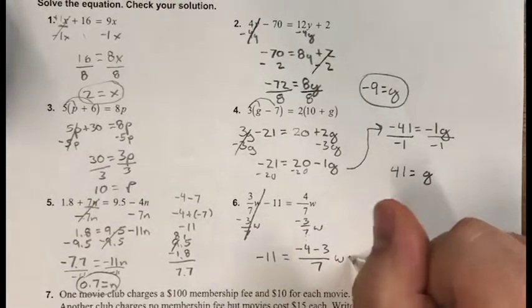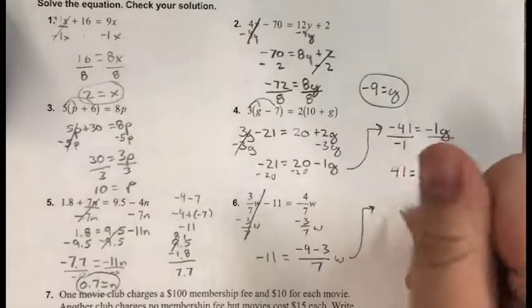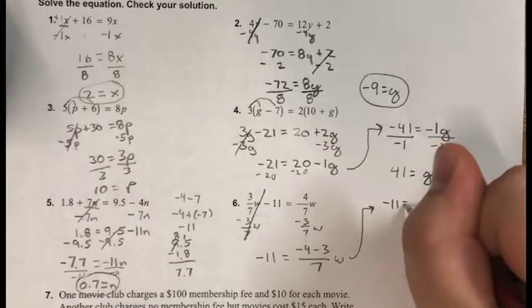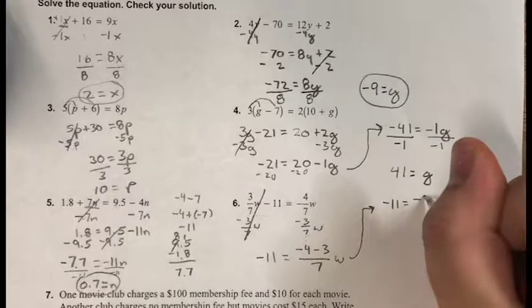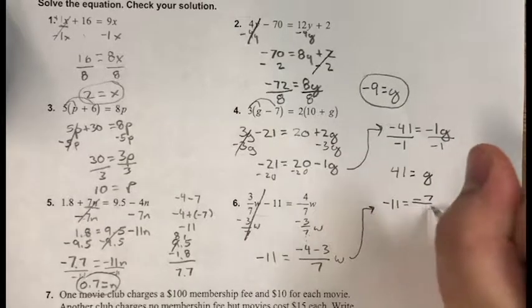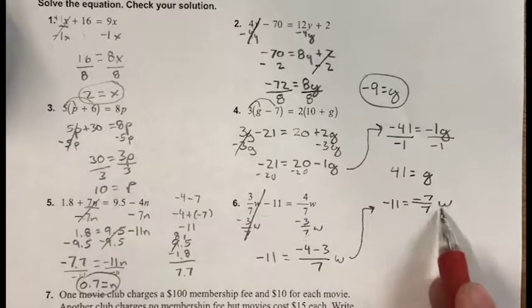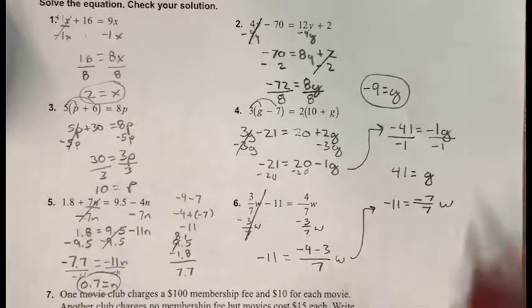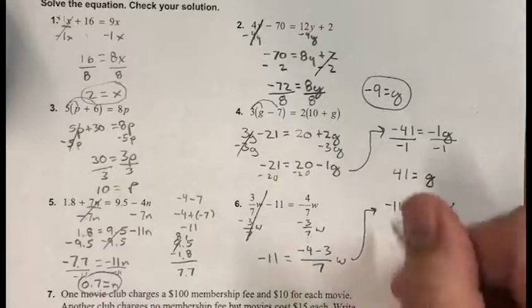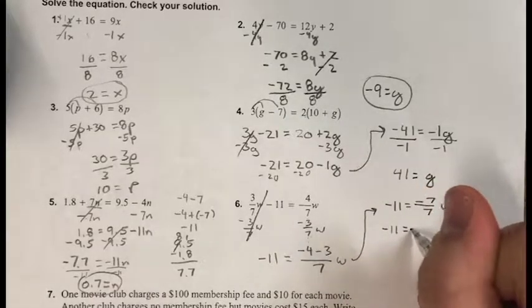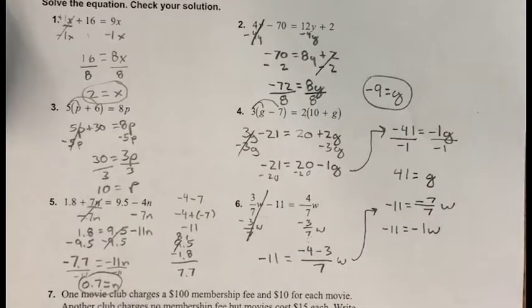And when I do, I'm going to rewrite over here, I get negative 11 equals negative 7 over positive 7 times w. Can I simplify this? Yes, I can. I actually can simplify this and get negative 11 is equal to negative 1 times w.